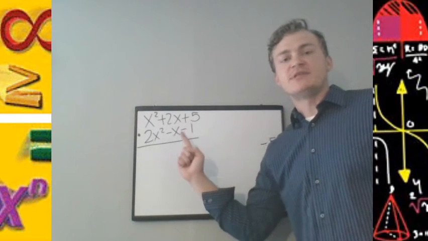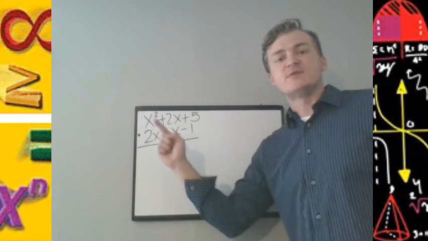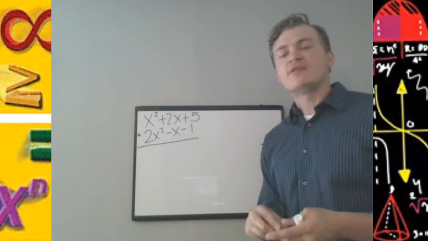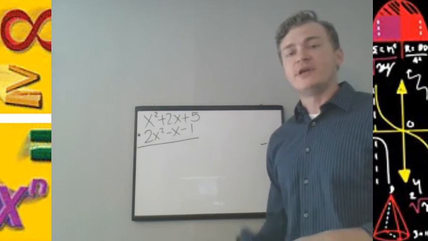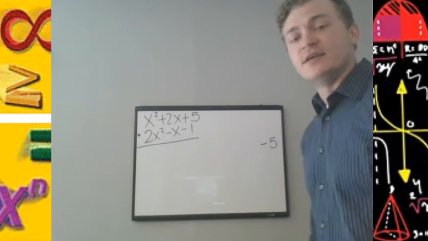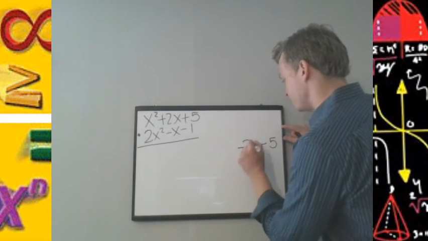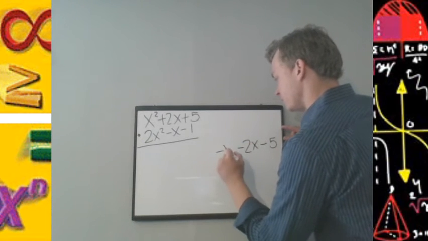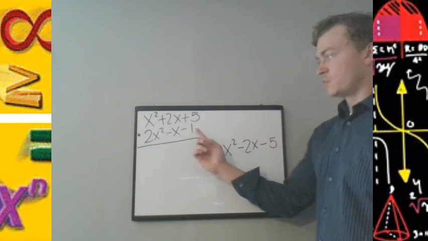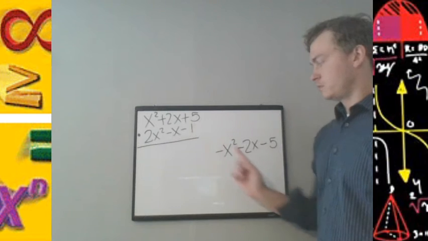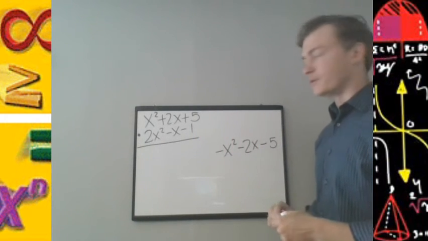This becomes negative 5, this becomes negative 2x, this becomes negative x squared. That's kind of the odd thing about multiplying by a negative 1. It's just simply going to change the signs of each of those terms. And we're done with that factor.